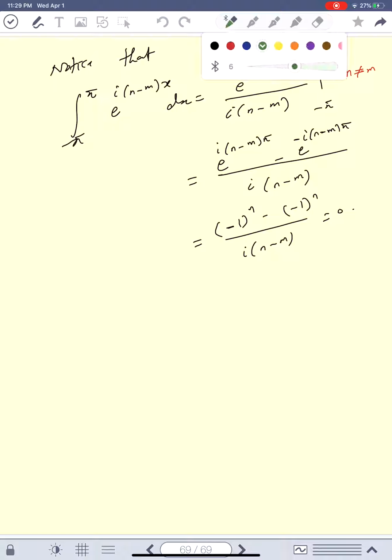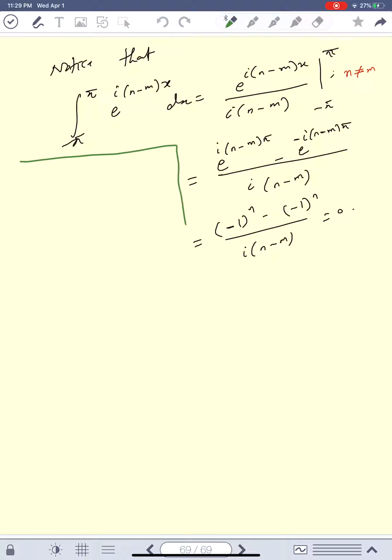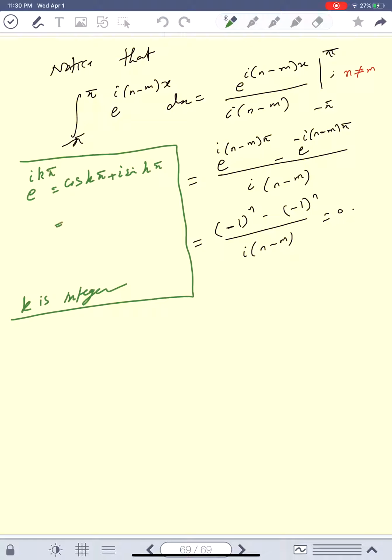Just to remind you, when you compute e to the I k pi, k is integer, okay? If k was integer, when you compute this, what is this? This is cosine k pi plus I sine k pi. What is cosine k pi? It's negative 1 to the k, and sine k pi is 0. So basically this is negative 1 to the k.